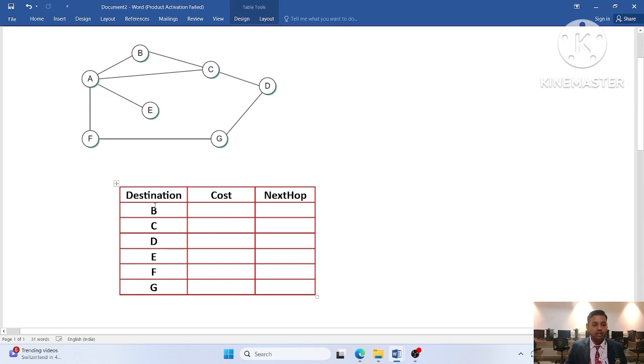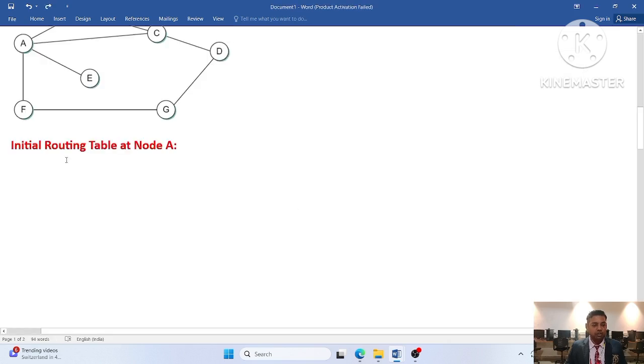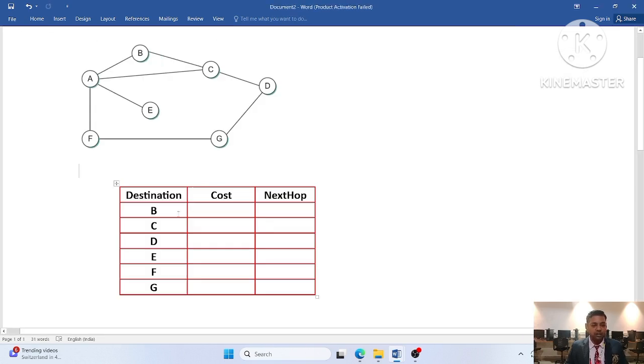So we are going to find the cost for reaching B, C, D, E, F, and G. I'm going to construct the initial routing table for node A. First we have to identify whether there is a direct link between node A and the remaining nodes.